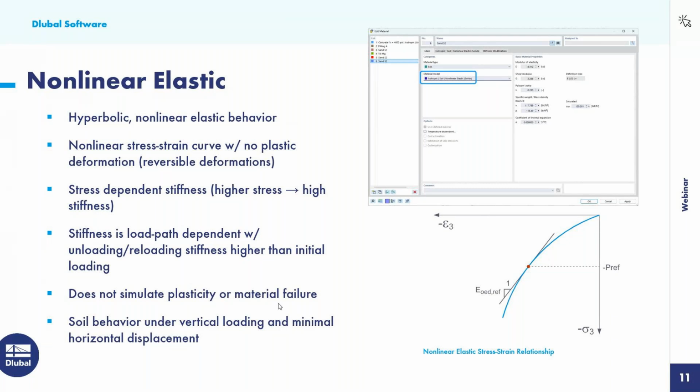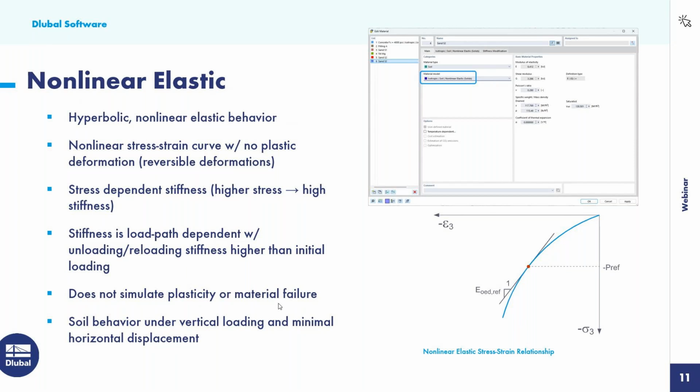It's a nonlinear stress strain curve with no plastic deformation. So this means that the deformations are reversible. This does have a stress that is dependent on the stiffness. So the higher the stress on the soil, then the higher the stiffness that it's going to provide.